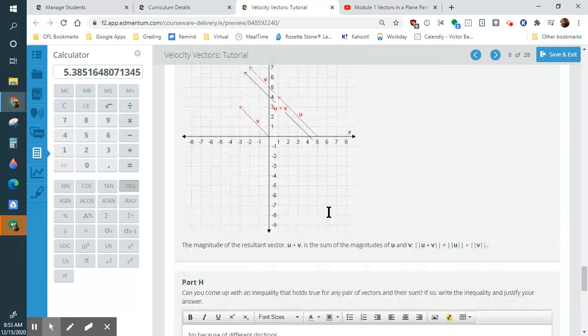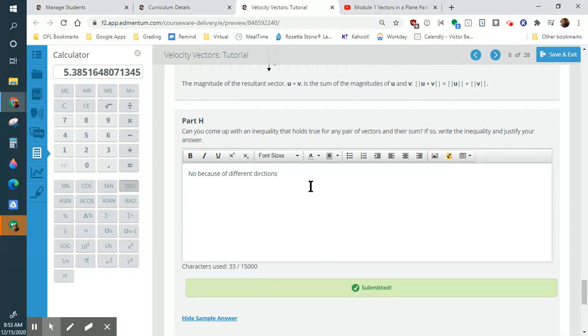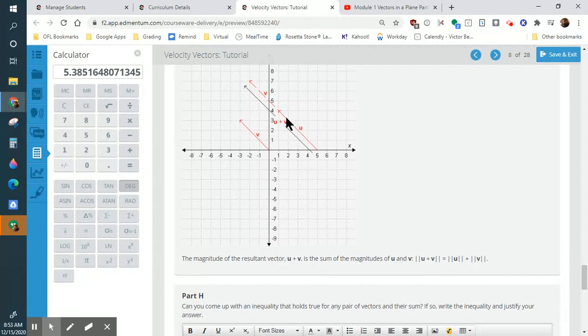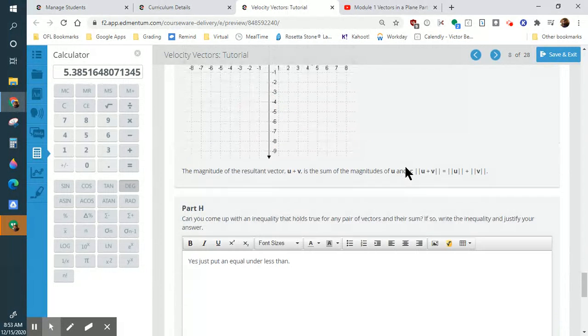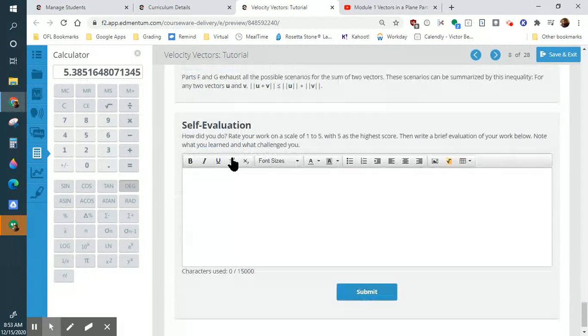Oh, because of different directions, so it would be yes. Just put an equal sign under it then. The best you can do is have them be exactly the same. So if you combine them together, it's always going to be smaller. Sorry about all the confusion, but that's how you do that part.